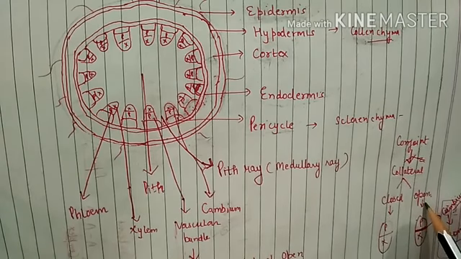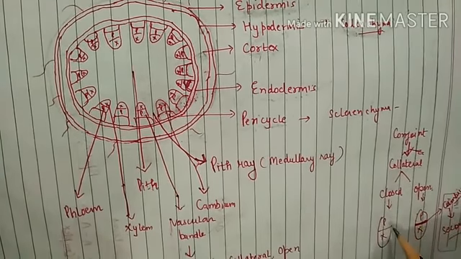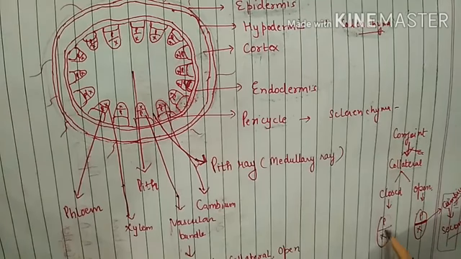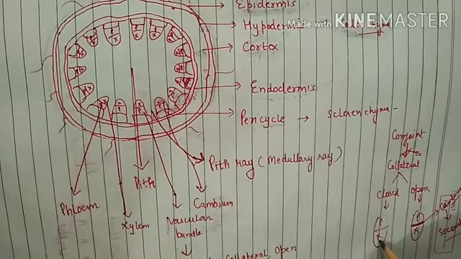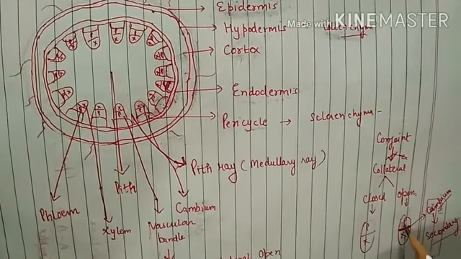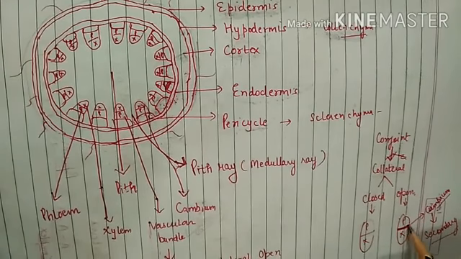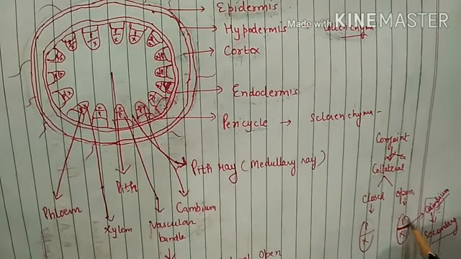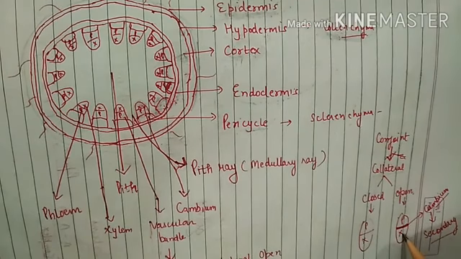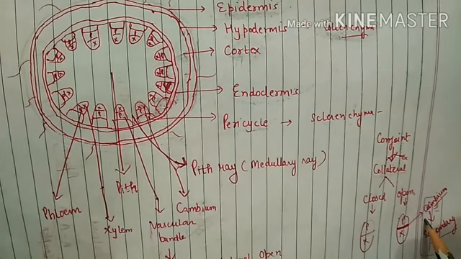The difference is that in closed conjoint collateral type, there will be no cambium present between phloem and xylem. However, in open conjoint collateral type, there will be cambium present between phloem and xylem. The major role of the cambium is to provide secondary growth.